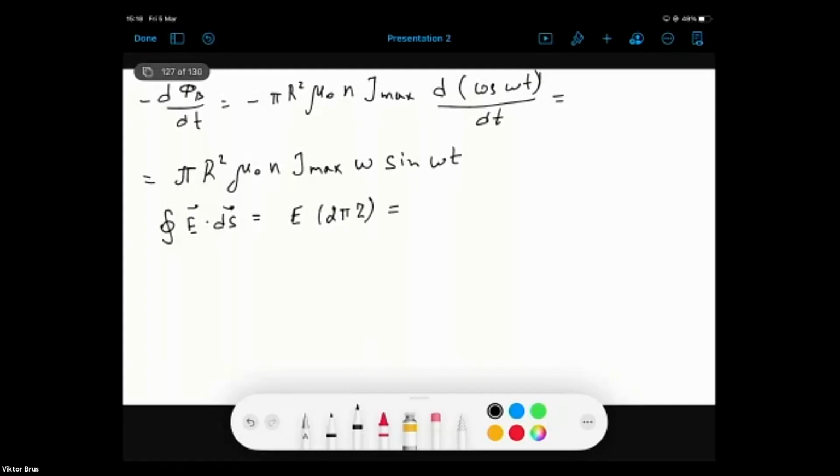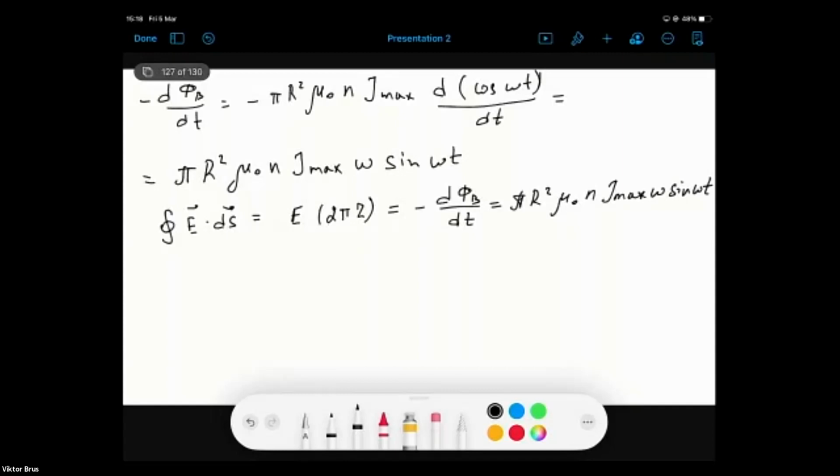And according to Faraday's law, this will be equal to dPhi B over dt, and this is equal to pi r squared mu naught times n I maximum omega sinus omega t.